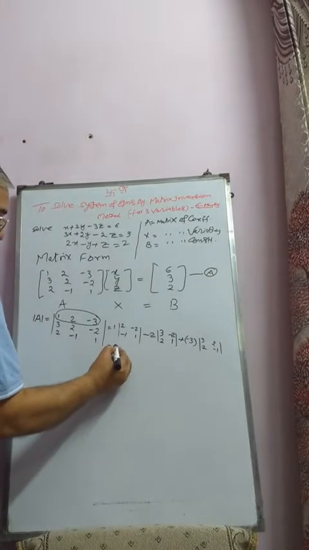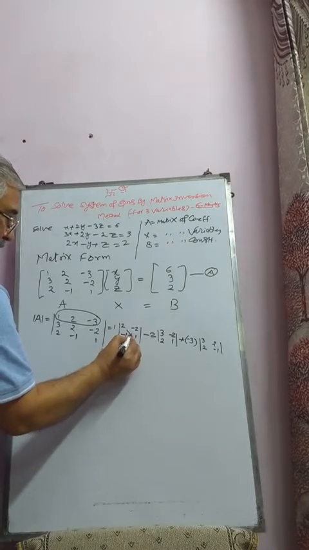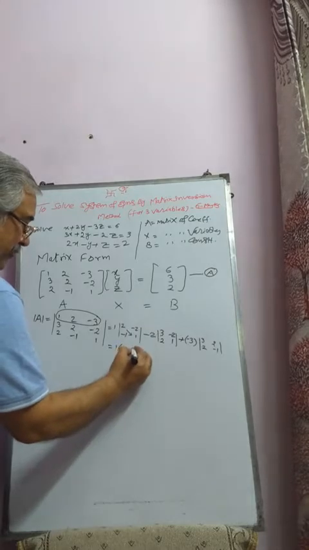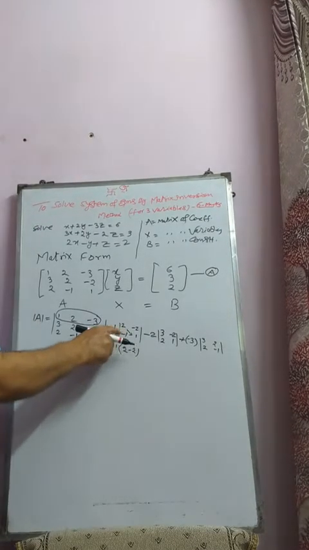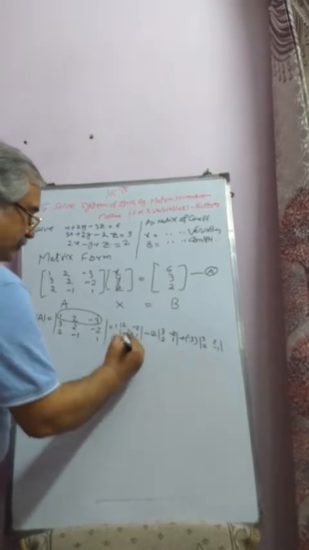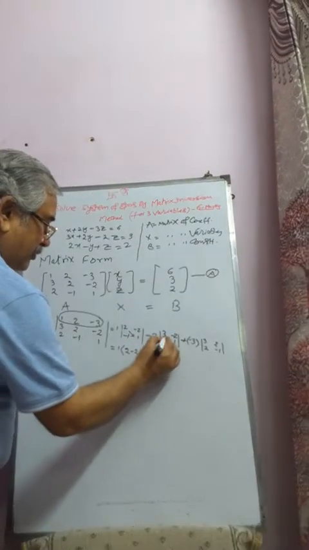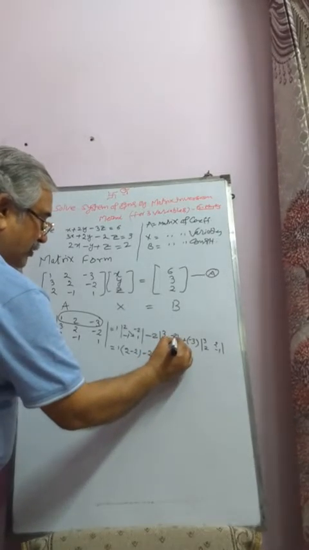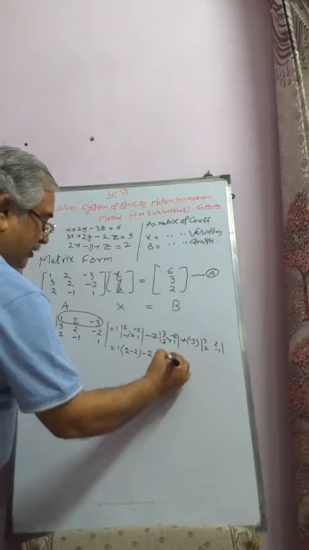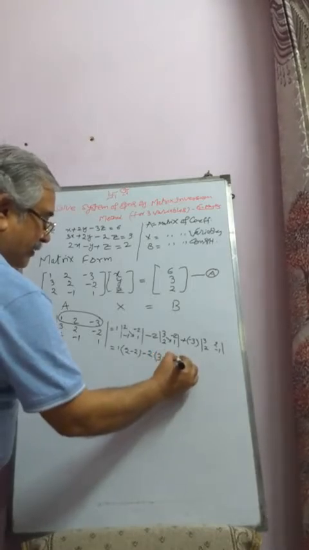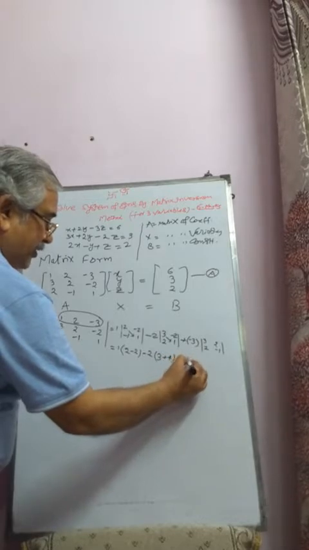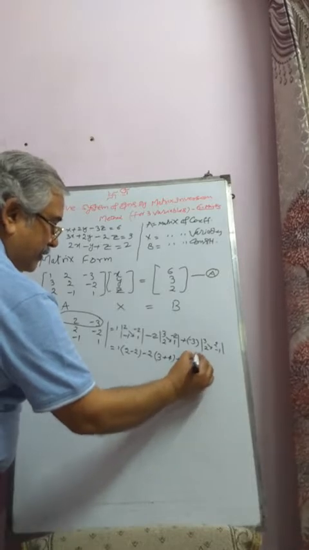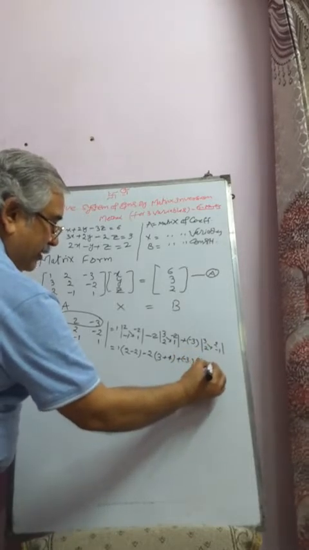So simplifying: 1 into this product 2 minus of this product, minus of plus 2, minus 2 this, 3 minus 4, multiplication changing the sign, plus 4, plus minus 3 into minus 3 minus 4.